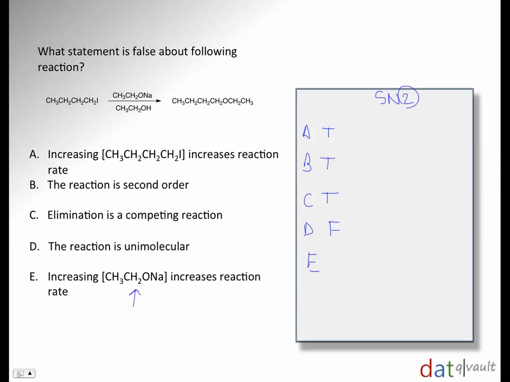The reaction is second order, which means the formation of the transition state is dependent on the nucleophile and the substrate. So yes, increasing the concentration of sodium ethoxide is going to increase the rate of the reaction, so that's true. Our only false statement, which directly contradicts B, is D. So our answer is going to be D for this kinetics question about SN2 style reactions.